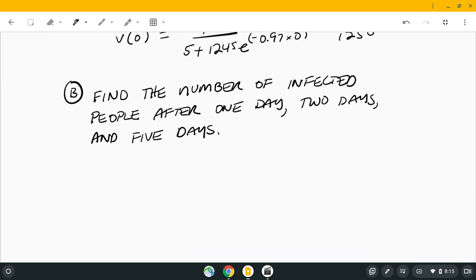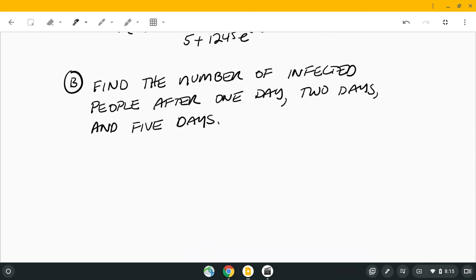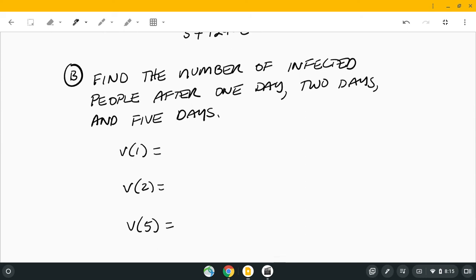That's like saying you need to find V of 1, V of 2, and V of 5. If you want to try those 3 on your own and then come back and check your answer with mine, go ahead and hit the pause button.